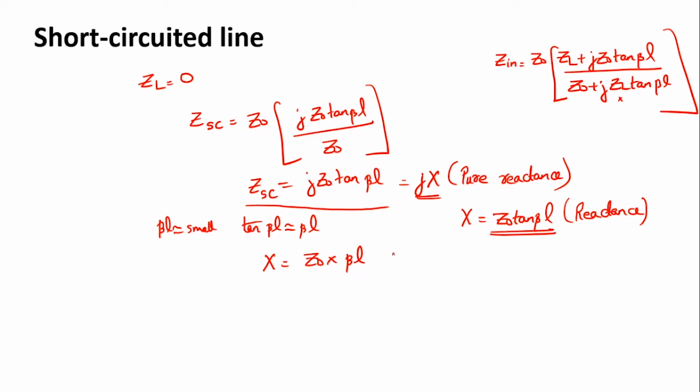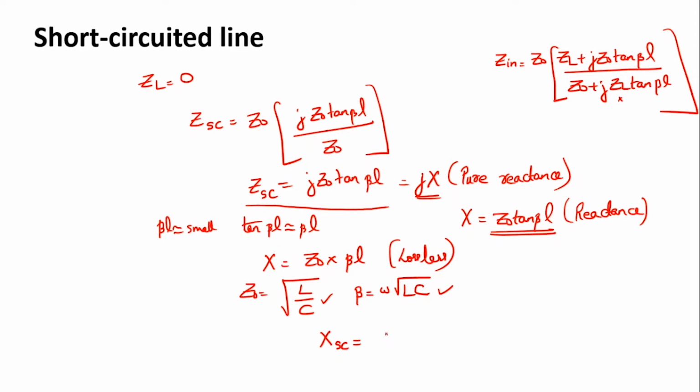And we know that if we consider a lossless case, both R and G will be 0. So Z0 will be square root of L by C, and β will be ω square root of LC. On substituting these two values in X, you get XSC corresponding to the short circuit.